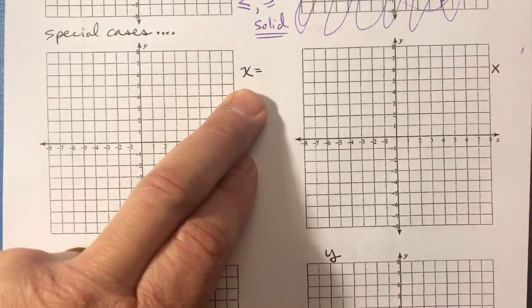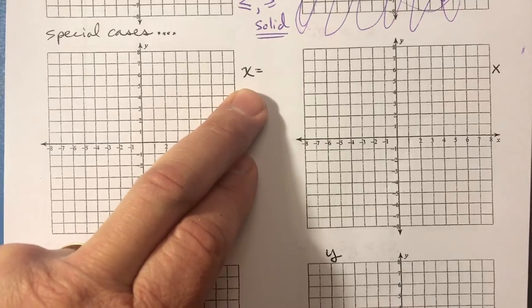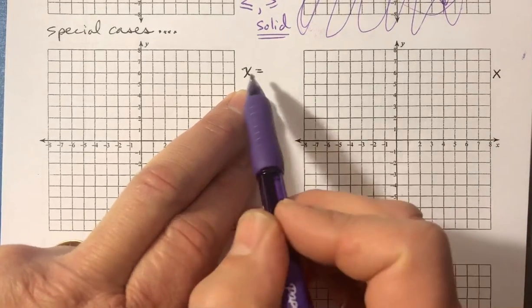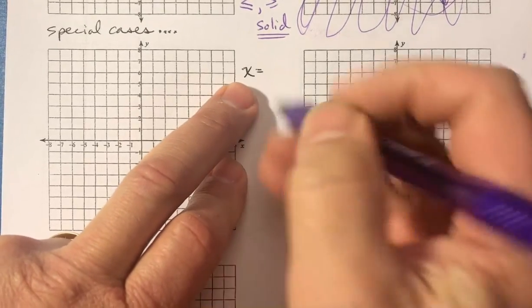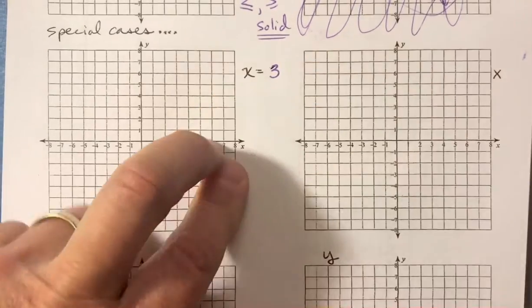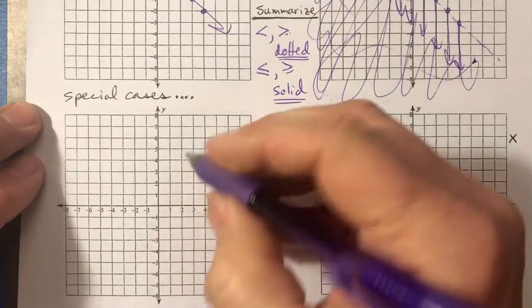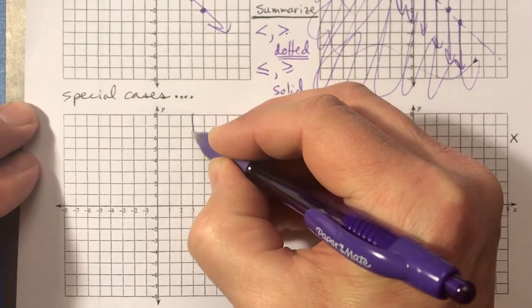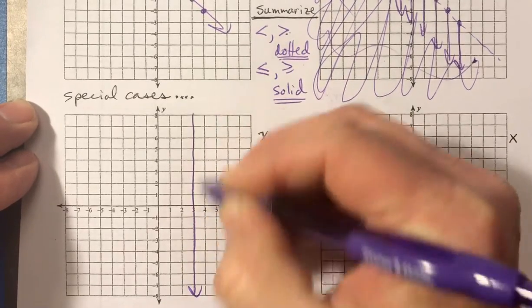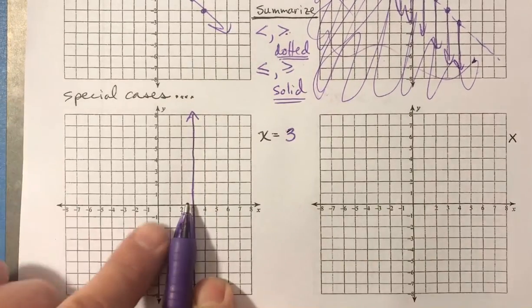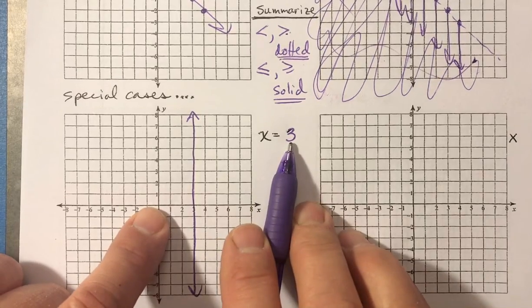Special cases are vertical lines and horizontal lines. So if you remember, let's take x equals 3 for example. X equals 3 would be a vertical line at x equals 3. We don't care about the y value.